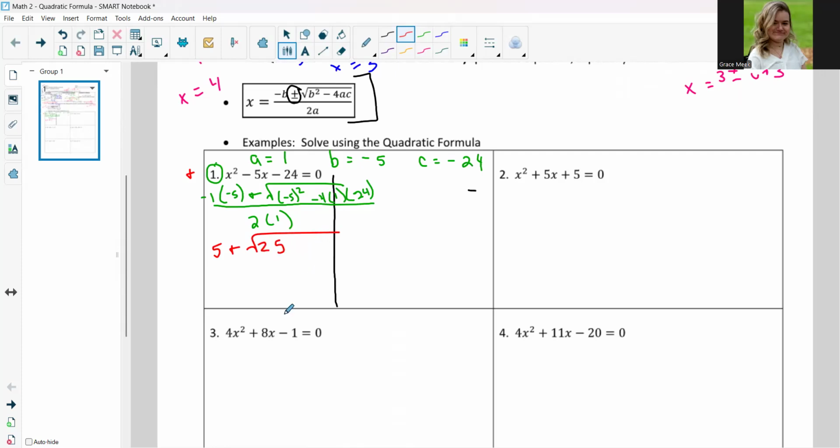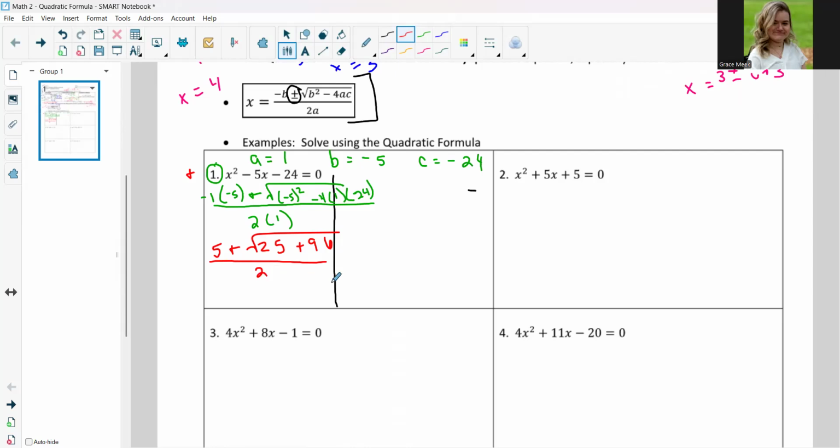Now, this is where you're going to have to do some math. You have to do -4 times 1 times -24. If I can get that into Desmos real quick, it's going to be positive because we're doing a negative times a negative, and it is going to be 96. It's going to end up being a plus, divided by 2 times 1, which is 2.